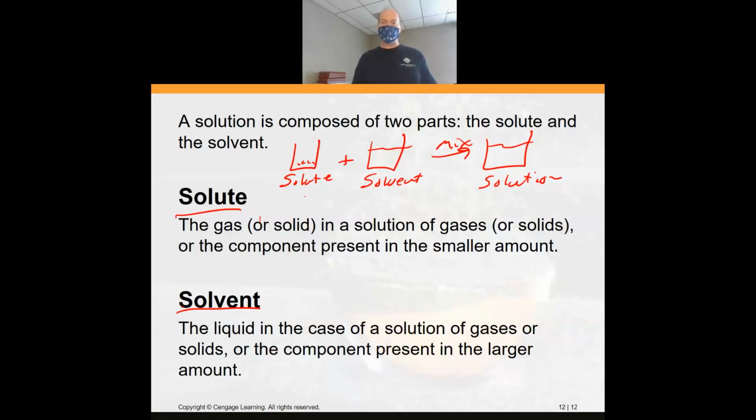If you have two liquids or two solids, your solute is going to be the one in smaller amount, and the solvent is going to be in larger amount. When you have a solvent, there is only one solvent.